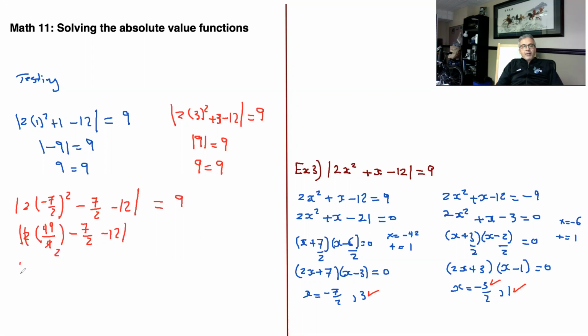Now you have the absolute value of 49 over 2 minus 7 over 2 minus 12. 49 minus 7 is 42. 42 over 2, that is 21, so that's 21 minus 12. 21 minus 12 gives you the absolute value of 9, which gives you 9 equals 9.